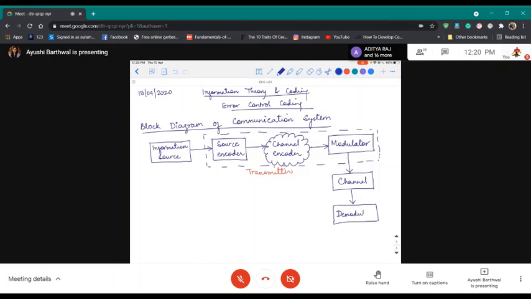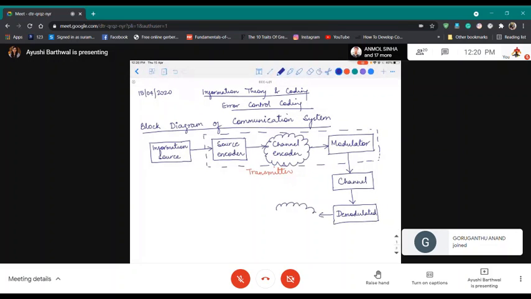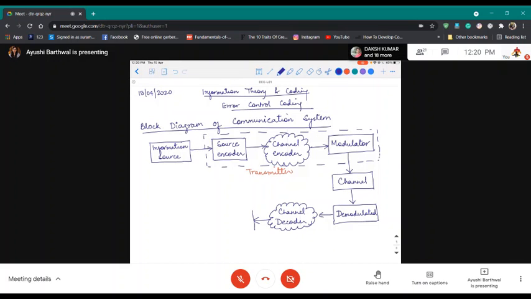So a signal is demodulated from its carrier frequency into its information frequency, and then again there is a channel decoder at the receiver end, and the channel decoded signal is passed through a source decoder and then finally to the destination. You also call it sink.